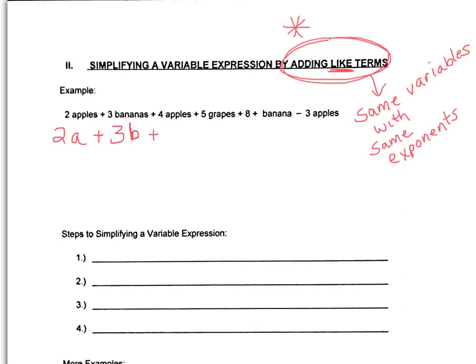Plus 4 apples, we're going to go 4a, 4 times a, 4 multiplied by 1 apple gives you 4 apples. Plus 5 grapes, so 5g, plus 8, plus a banana, minus 3 apples. Alright, so now we've taken that and changed it into algebra.